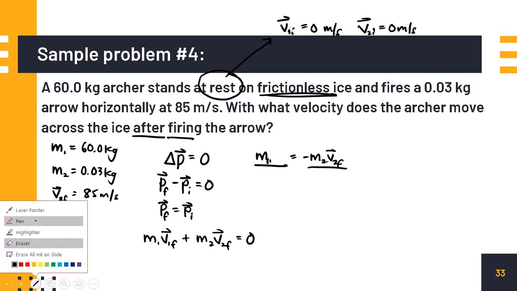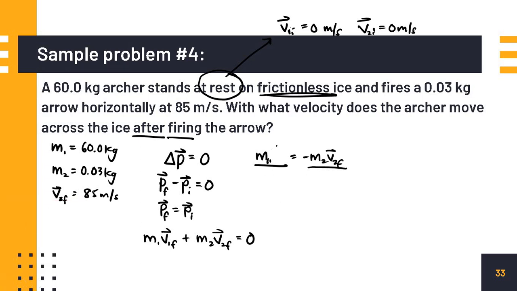Let me just state again what we will do inside our solution. We divide both sides not by v1f, the final velocity of the archer, but by the mass of the archer, because that is the given and the unknown is the final velocity of the archer. So our formula would be v1f is equal to negative m2 v2f divided by m sub 1.